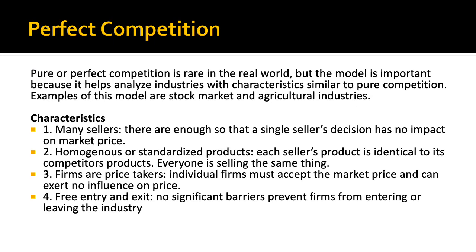Perfect competition or pure competition is rare in the real world, but the model is important because it helps us analyze industries with characteristics similar to pure competition. Examples of this model are the stock market and agricultural industries. You may wonder why the stock market fits into perfect competition, because you may assume that they're not selling absolutely identical products.